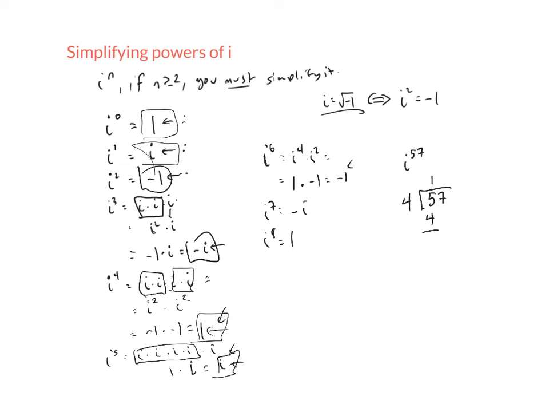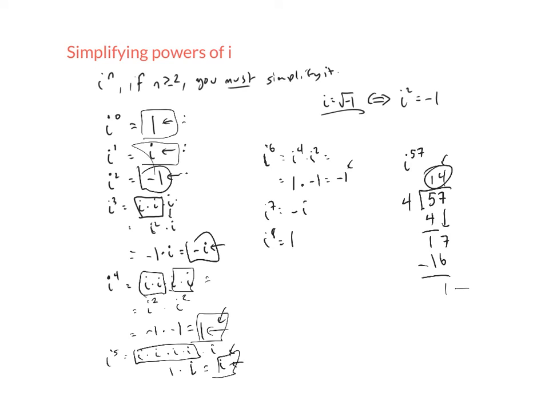So long division: multiply, subtract, bring down, divide, multiply, subtract, nothing to bring down. So I have a quotient of 14. This 14 is the number of groups of 4 i's that could be put together from these 57. Each of those groups is going to be a 1. So basically I have 1 times itself 14 times, which is just going to give me 1. This part I'm not really interested in, because it's just going to be a bunch of 1s times whatever is left.